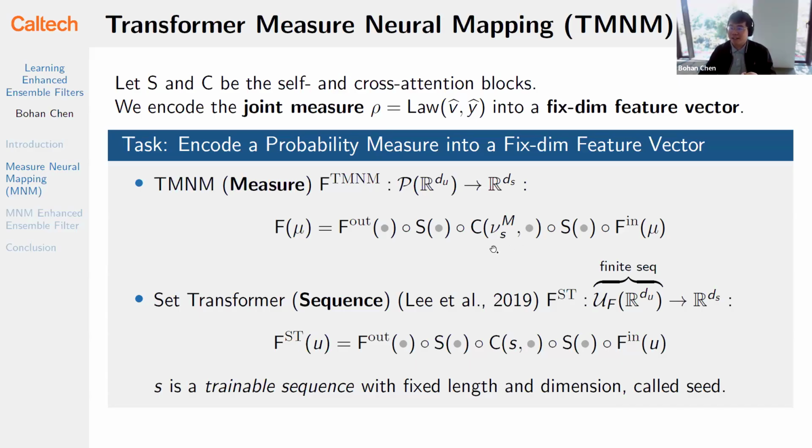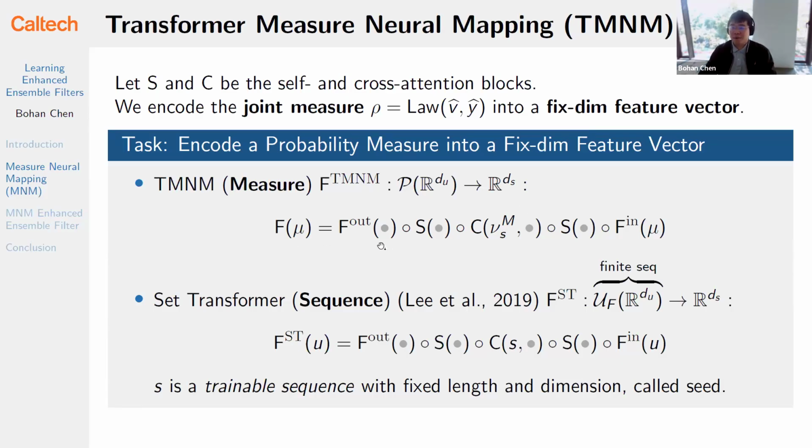And the bottleneck is that we have a trainable empirical measure. I will explain it in detail later. That is, we do the cross attention with this trainable empirical measure. And then we have a decoder of the attention mechanism, and some final feed-forward layers.